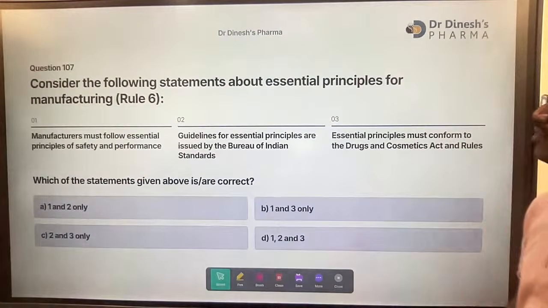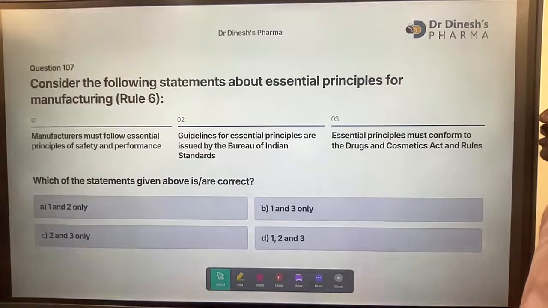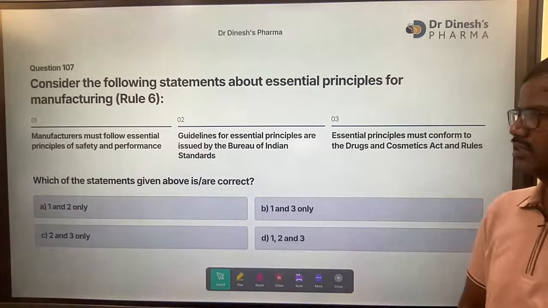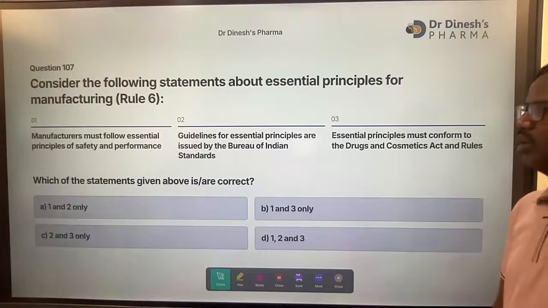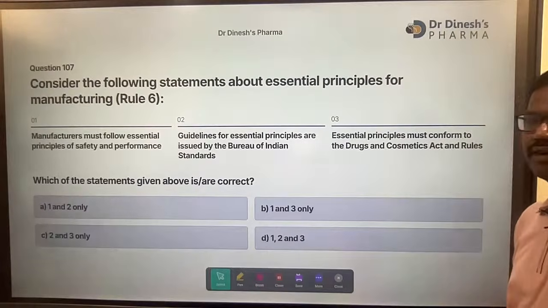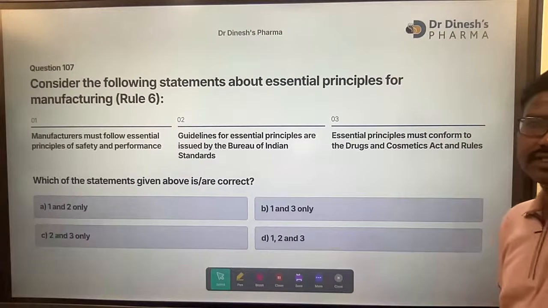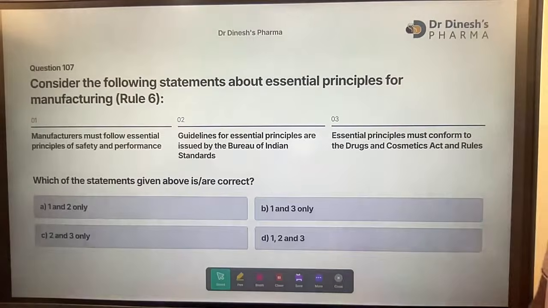Next, consider the following statements about essential principles for manufacturing. Rule 6. Manufacturers must follow essential principles of safety and performance, and guidelines for essential principles are issued by the Bureau of Indian Standards. Essential principles must conform to the Drugs and Cosmetics Act rules.